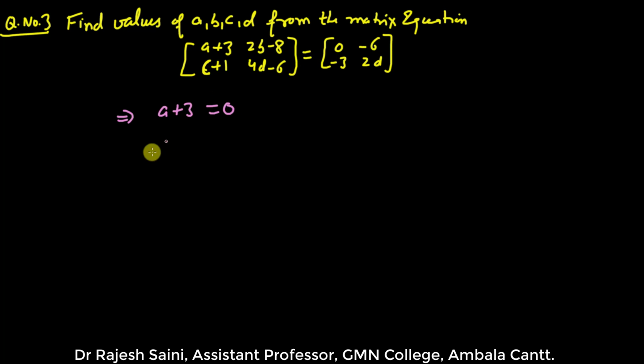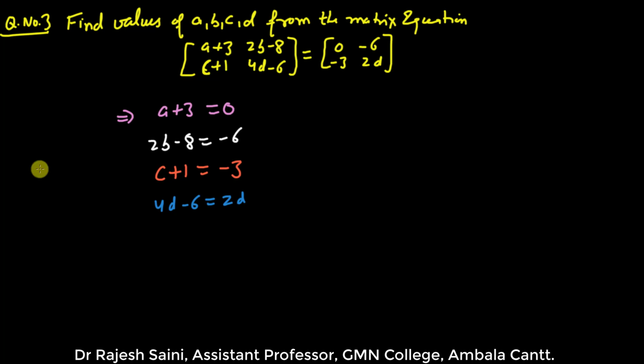Next, 2b minus 8 must be equal to minus 6. Next, c plus 1 must be equal to minus 3. Similarly, 4d minus 6 must be equal to 2d.